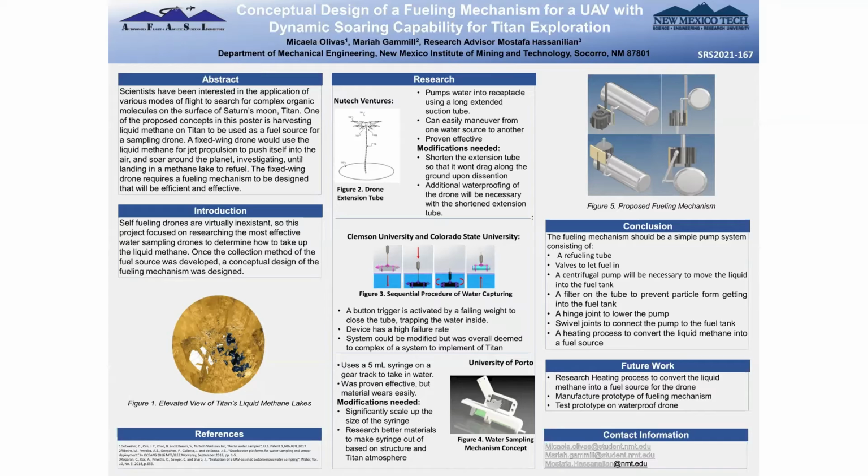And then also, since the extension tube would be shortened significantly, we would have to double ensure that our drone was waterproof so that none of the electronics would be messed with. And then I'll let Mariah go over our proposed fueling mechanism.